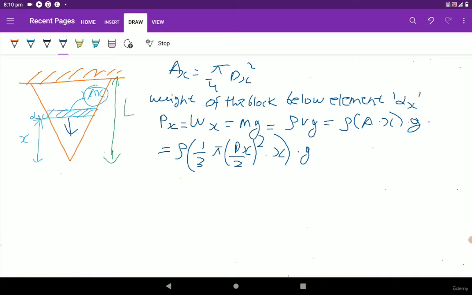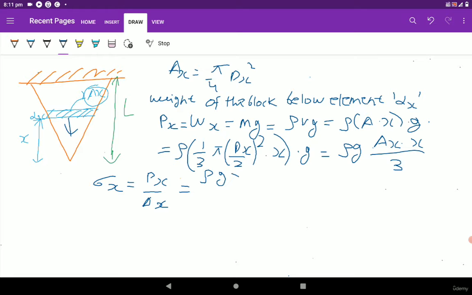For the simplification, we get rho g Ax times x upon 3. We know that sigma x is equal to Px upon Ax. So basically we are going to get rho g x by 3. This is the value of the stress induced in this varying cross section.